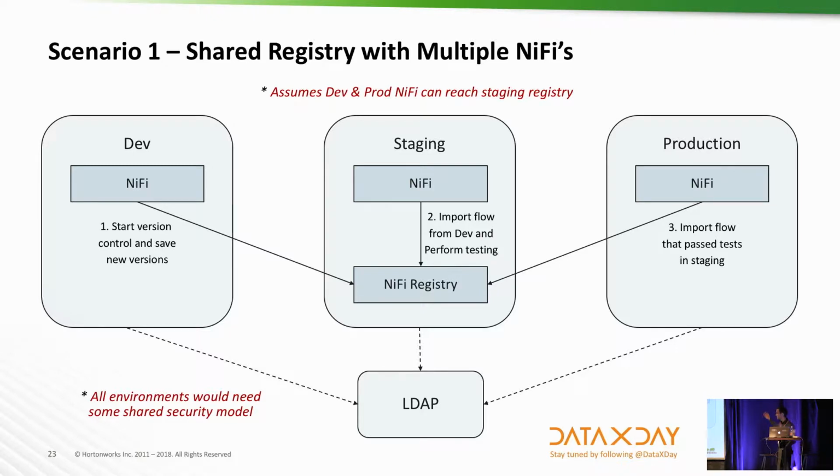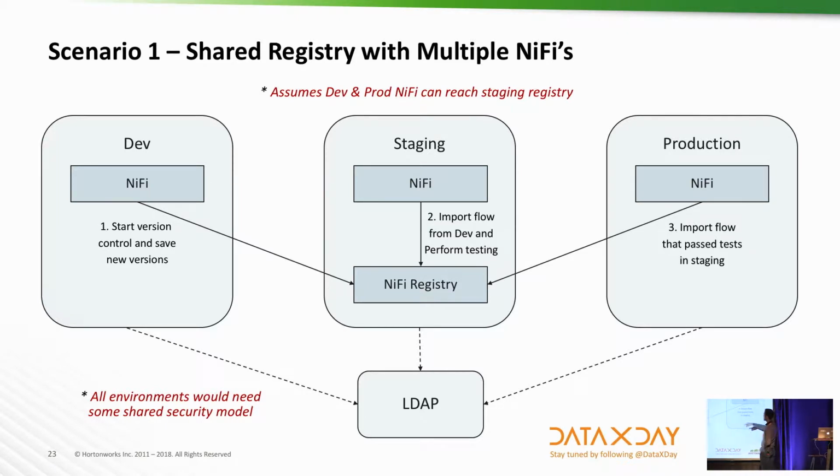Scenario 1 is the easiest, but as I said, you probably won't be able to do that because of the security requirements of your company. But the idea here is to have one single NiFi registry instance, which is reachable from all the environments. When you are developing a workflow, you will create your workflow, start version control, and save new versions while you are developing and making updates.